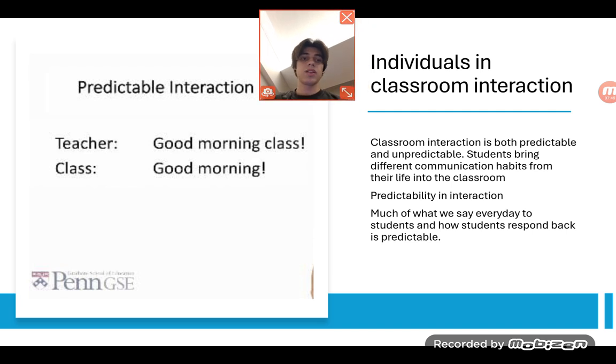Individuals in classroom interaction. Classroom interaction is both predictable and unpredictable. Students bring different communication habits from their life into the classroom, and much of what we say every day to students and how students respond back is predictable.